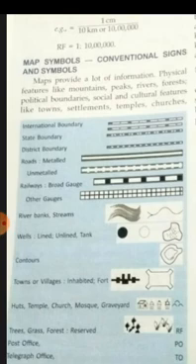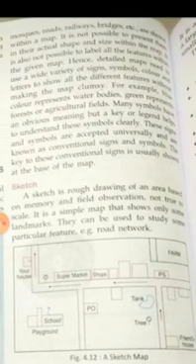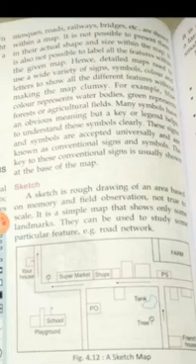Maps provide a lot of information: physical features like mountains, peaks, rivers, forests, political boundaries, social and cultural features like towns, settlements, temples, churches, mosques, roads, railways, bridges, etc. are shown within a map.